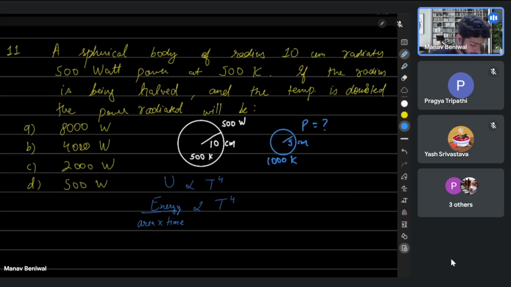Okay, so let us take area to the other side. So your energy per time is proportional to T to the power 4 times your area.